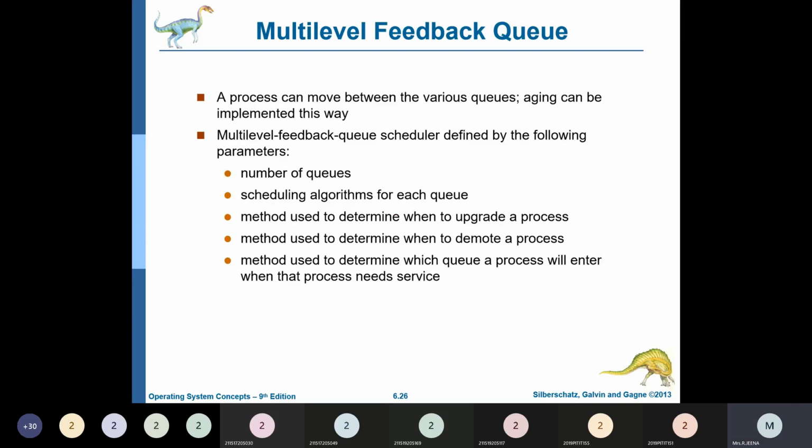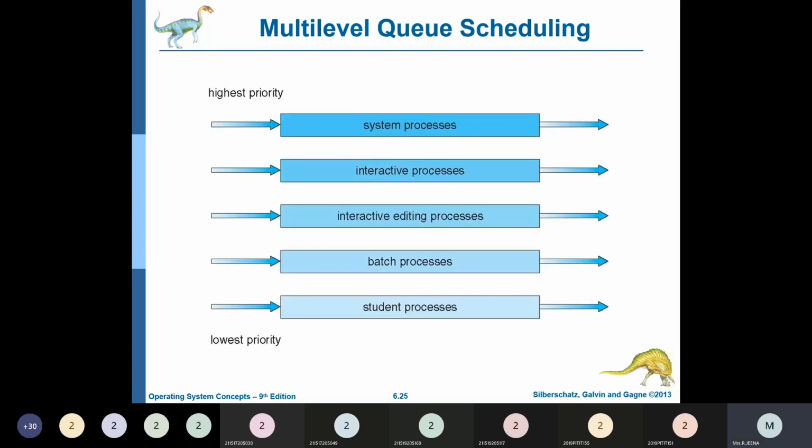Then multi-level feedback queue. Before that, in multi-level queue, what happens is no process in a lower queue could run unless the queues for system processes, interactive processes, and interactive editing processes were all empty. What it means is, when the system processes are not completed, the interactive process cannot start.